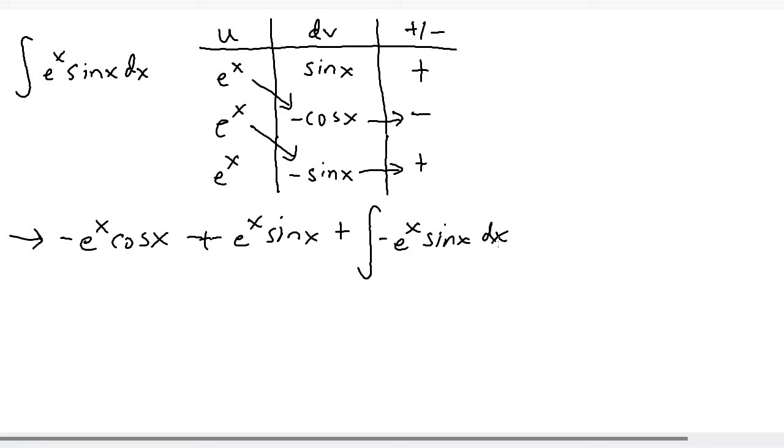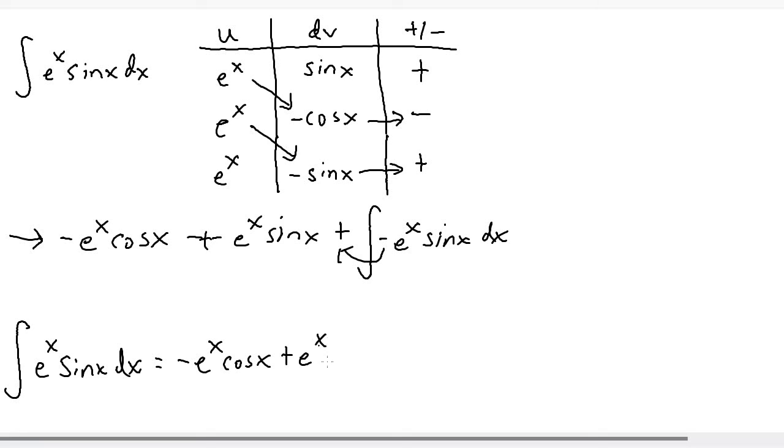Now I can move this negative outside, and I'm going to set it equal to the original integral, because we know that the integral of e to the x sine x dx is equal to negative e to the x cosine x plus e to the x sine of x minus, because we moved that minus outside, the integral of e to the x sine x dx.